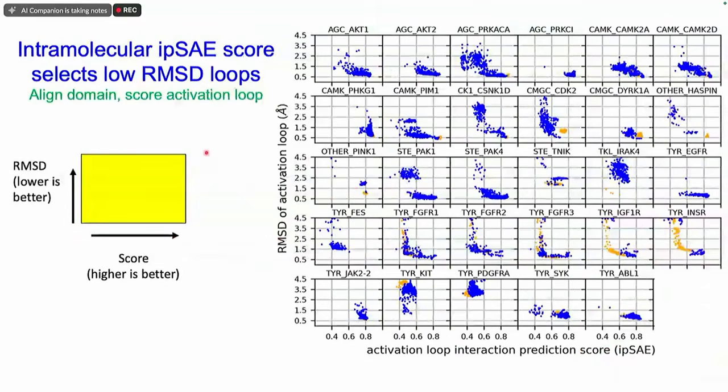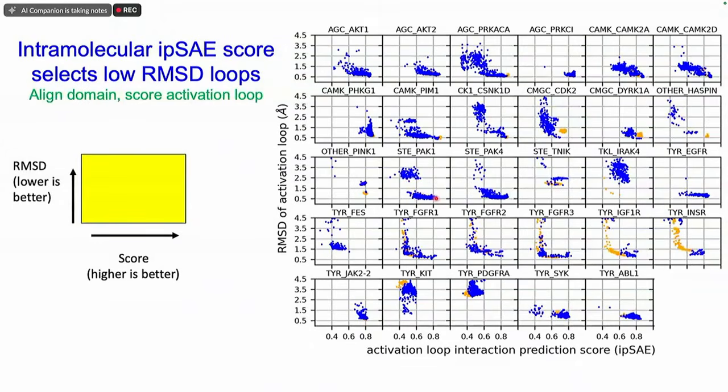This is what it looks like for a whole bunch of kinase structures that we have substrate-bound structures for. The x-axis is the ipSAE score between 0 and 1. The y-axis is the RMSD of the activation loop of the experimental structure to our predicted structure. And you can see that the very poorly scoring models almost always have bad RMSDs.